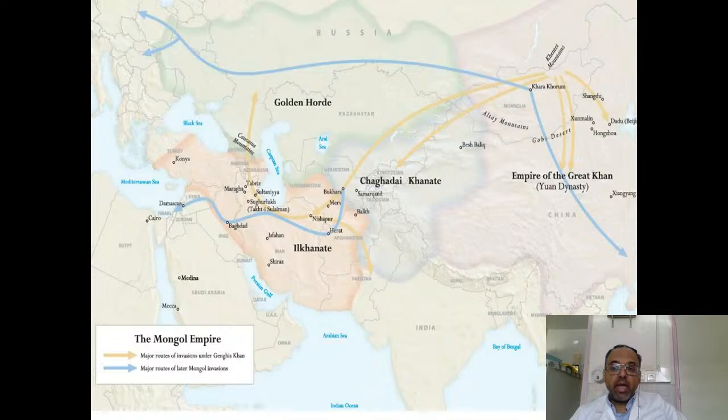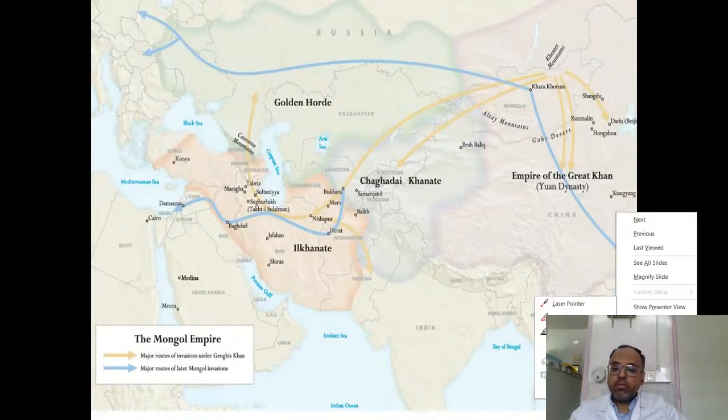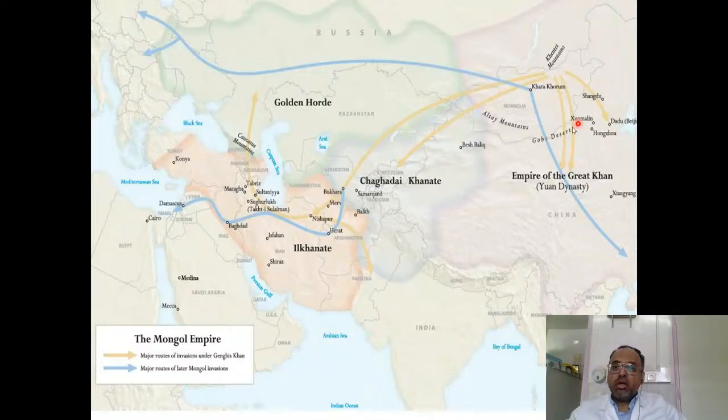So if you look at this map here, this is a map of the Mongols' invasion, Genghis Khan and his offspring from Mongolia in the 13th century.